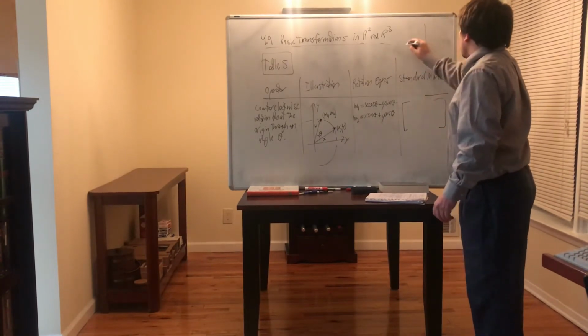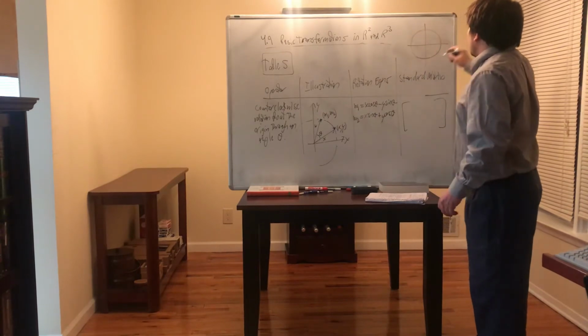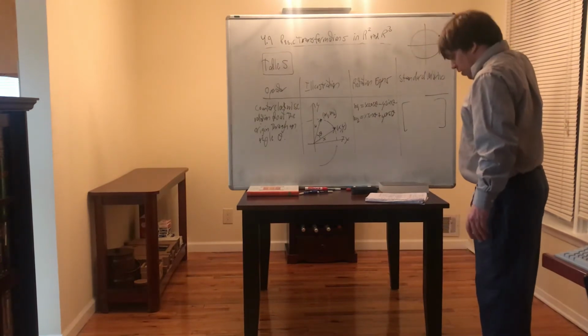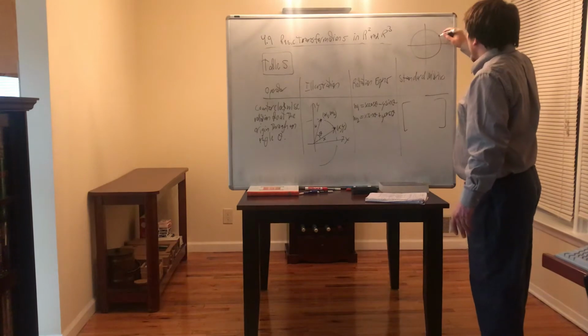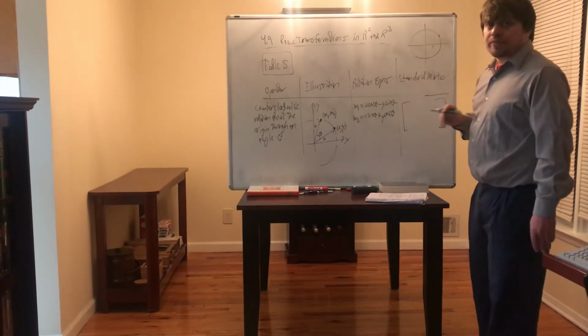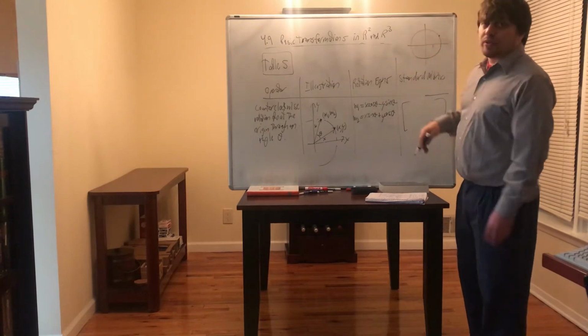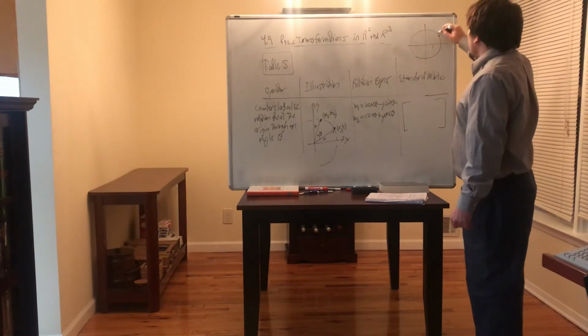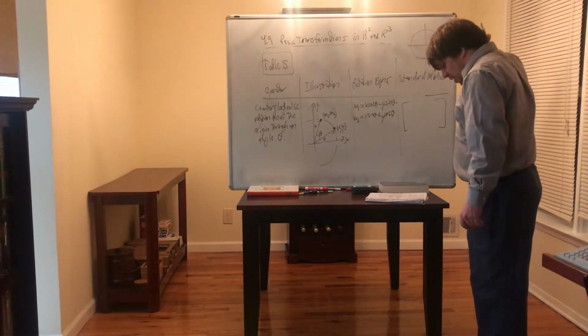If you take a circle here, and you take this to be the unit circle, so it's all the points one away from the origin, then the coordinates of a point on the circle are cosine theta comma sine theta.